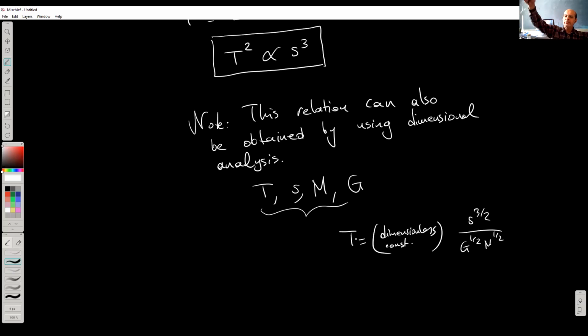Even for exoplanets, we see that the same relationship is satisfied, even though the situation is completely different. Or for the collision of two black holes, we essentially get the same kind of relationship. That's how people measure the mass of black holes, because they can measure the period.